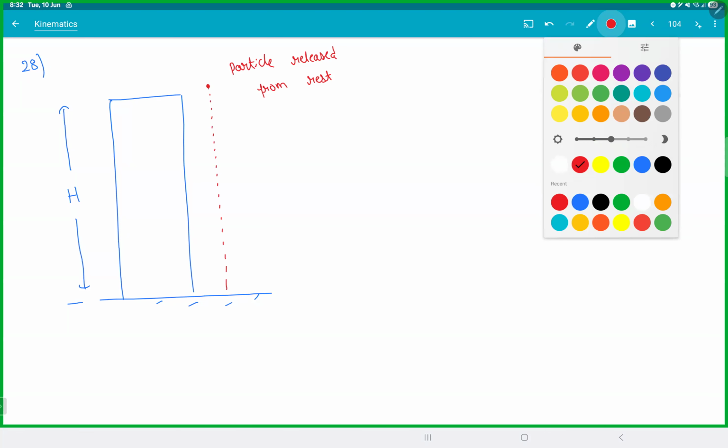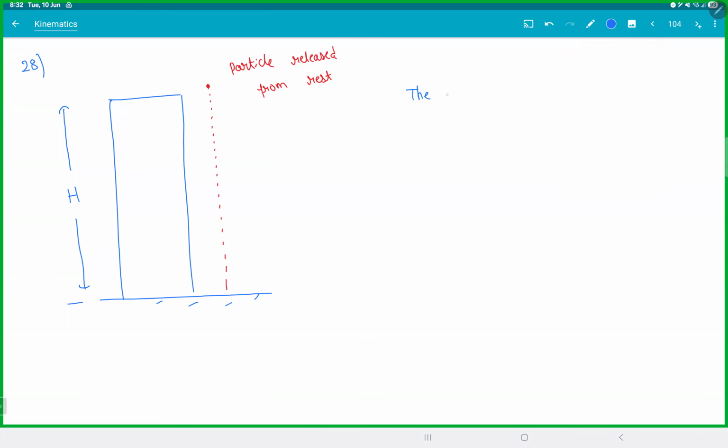So this particle covers 9h by 25 in the last second of its motion. Let's say if this thing travels for 10 seconds, in that 9 to 10 seconds, it will travel 9h by 25. Find the height of the building.